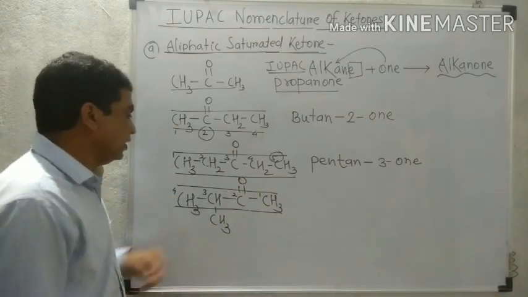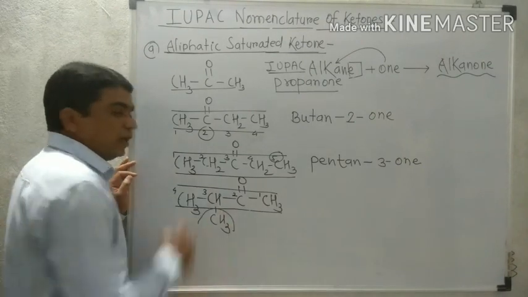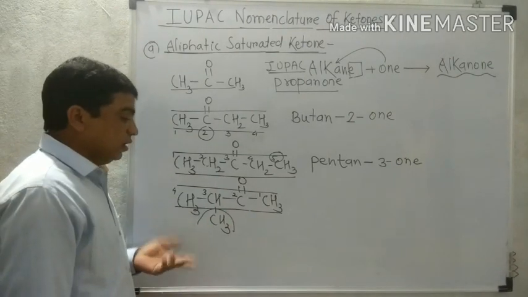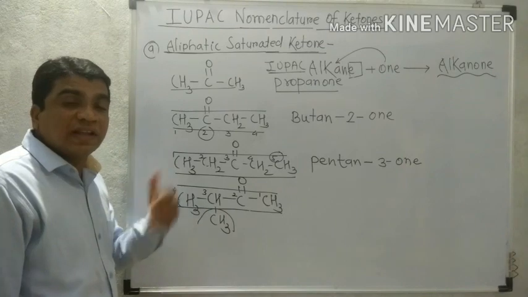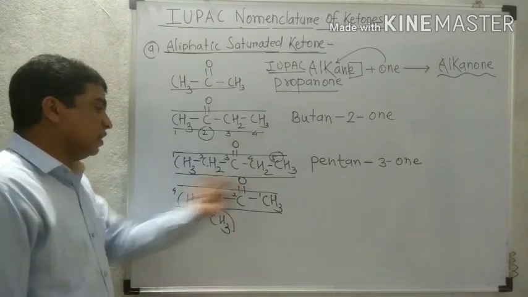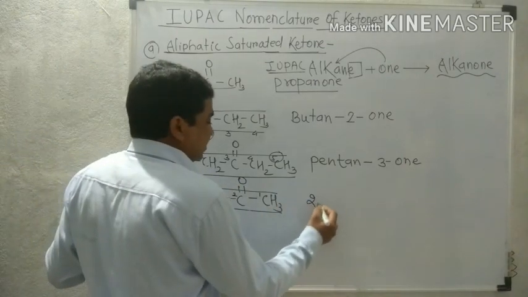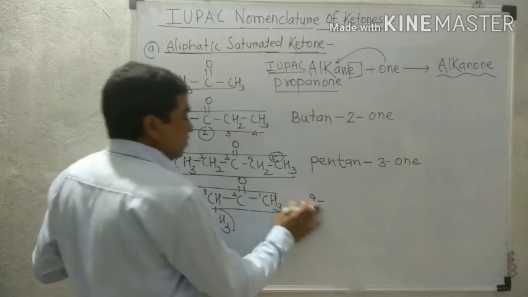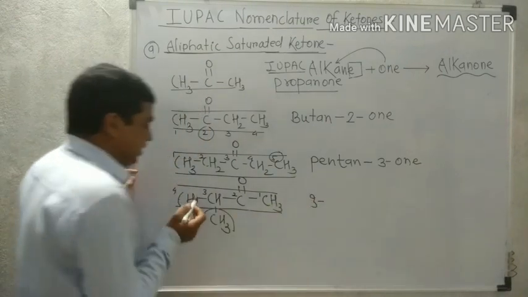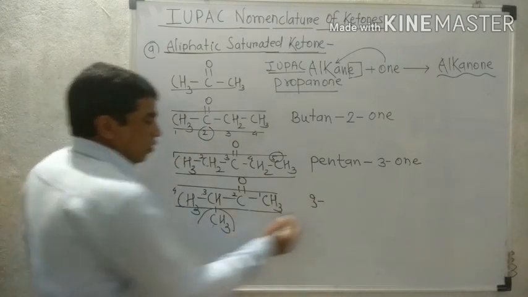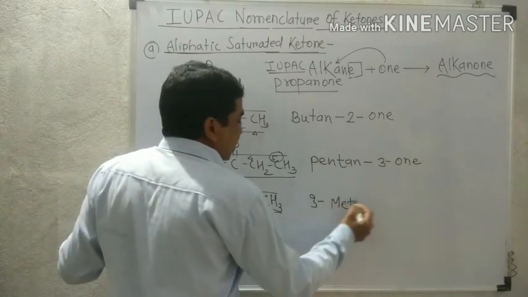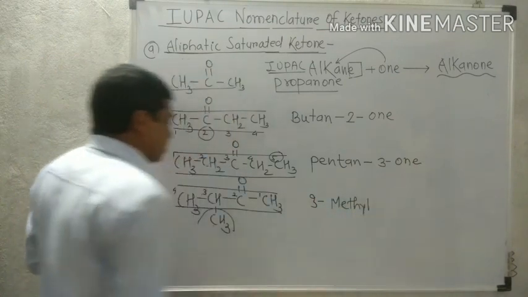So after numbering, firstly, if any side chain or any alkyl group is present in the structure, write it at the start. Where is the CH3 group present? At the third carbon, 3. CH3 means methyl. The third carbon contains methyl.